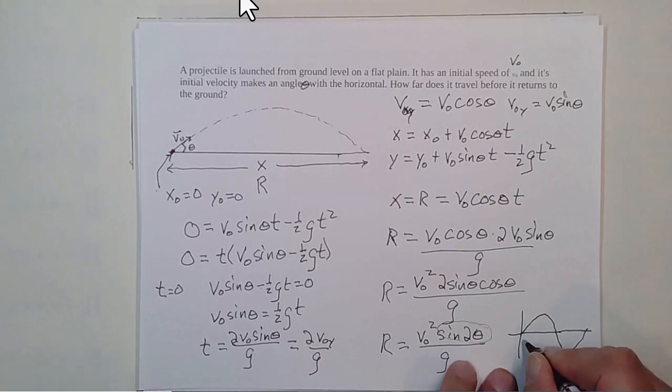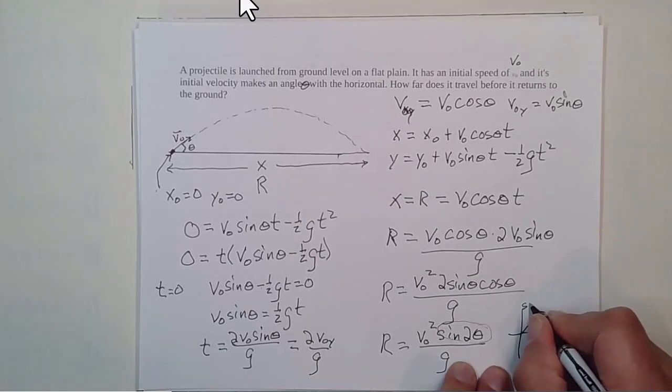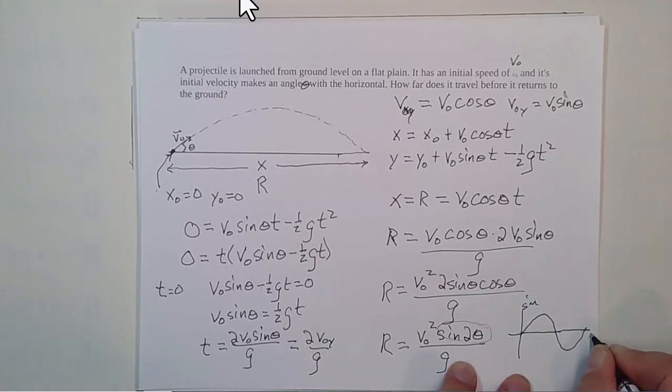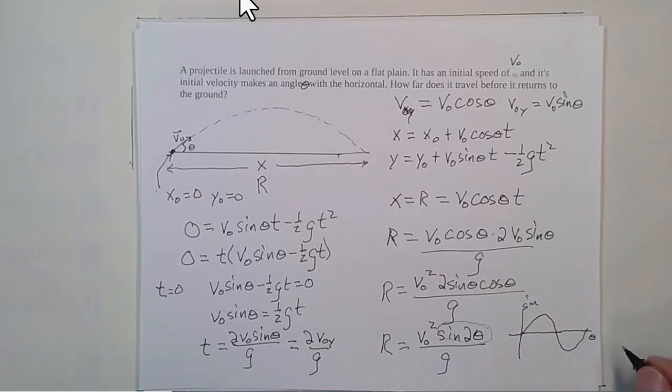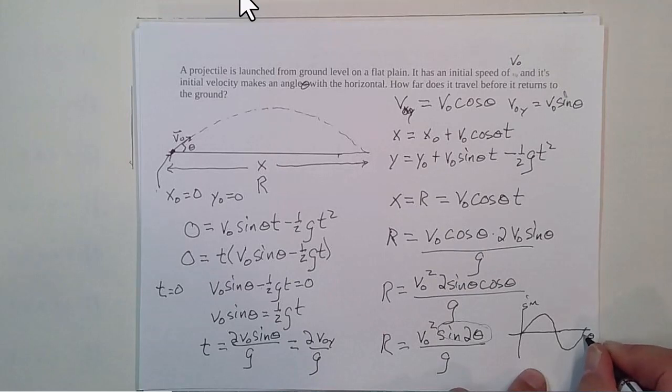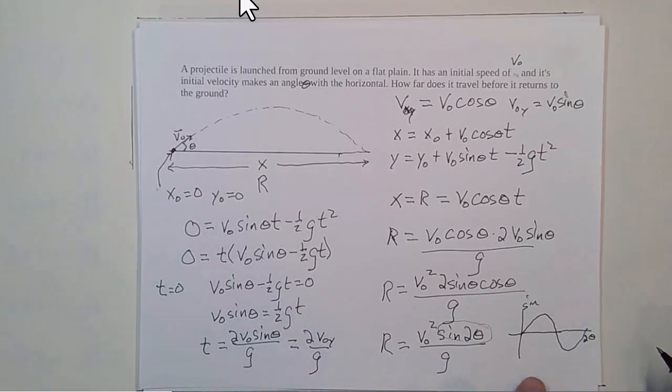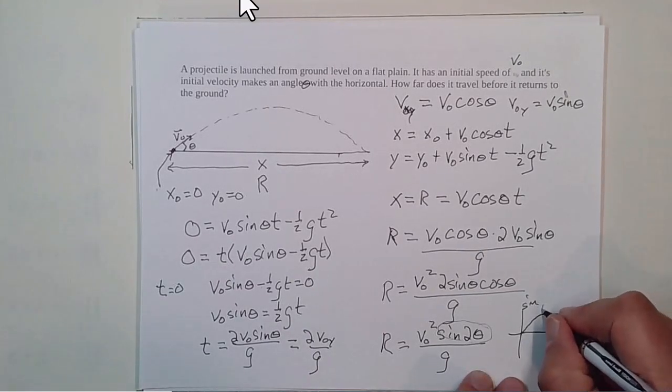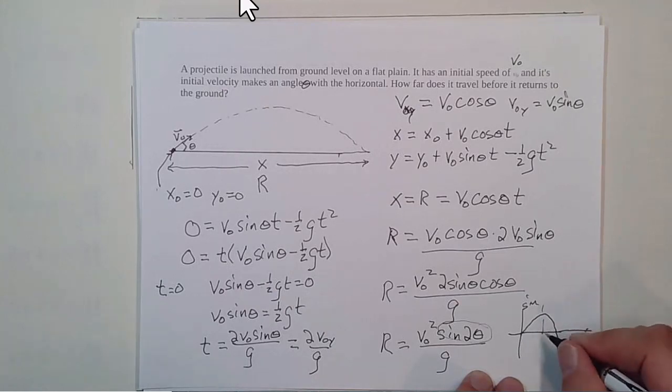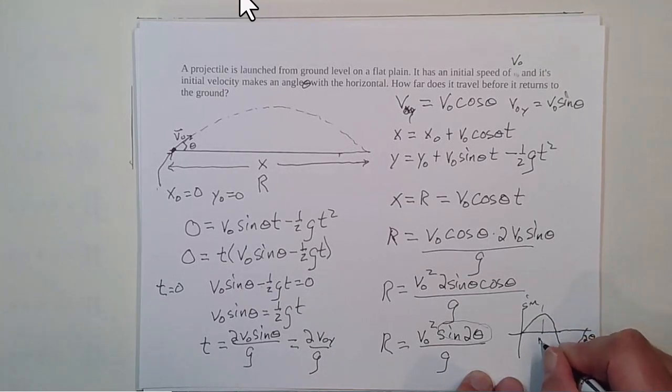Okay, there's the sine. I'm graphing the sine as a function of theta, or this could be as a function of 2 theta, actually. Well, this would max out when here you have pi over 4.